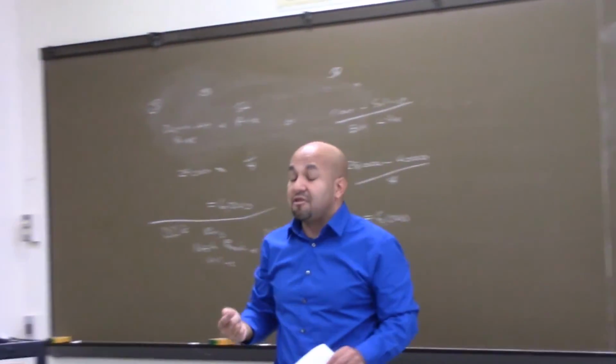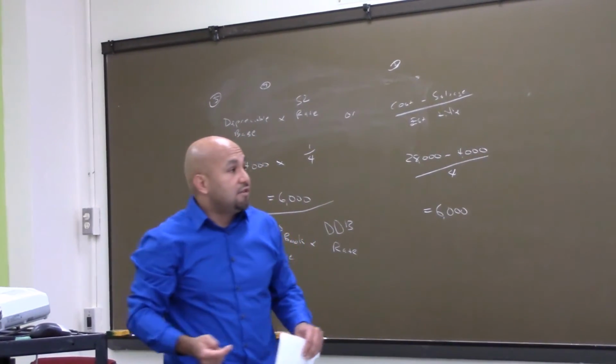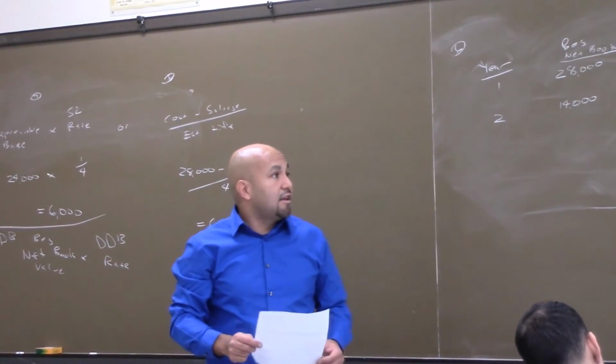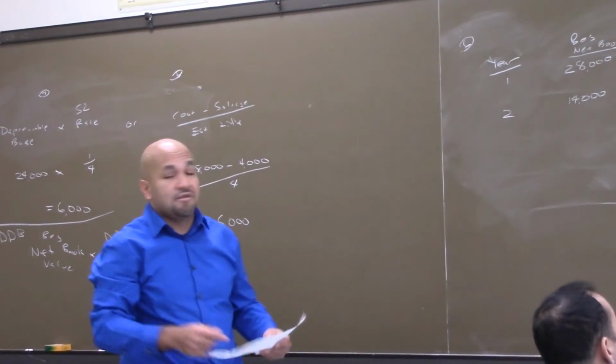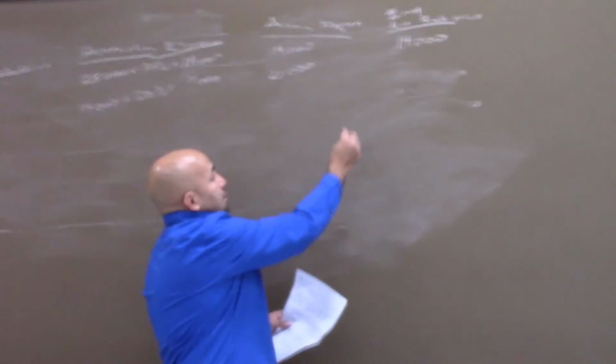So we claimed $14,000 of depreciation expense the first year, 7,000 the second year. So the sum of that is 21,000. The ending net book value would be cost minus accumulated depreciation. So 28,000 minus 21,000 equals 7,000.